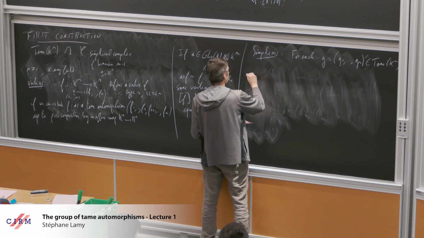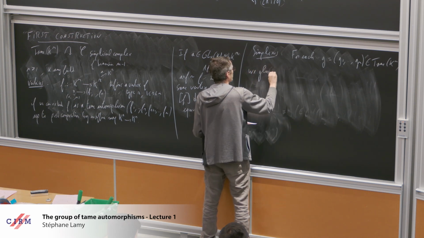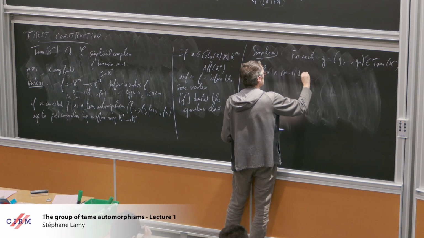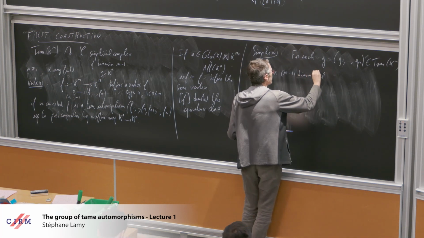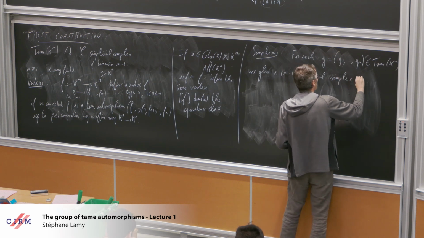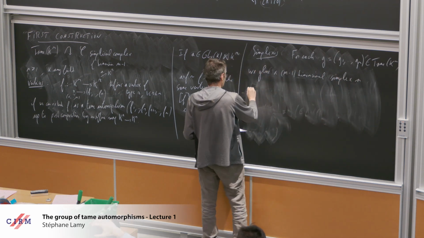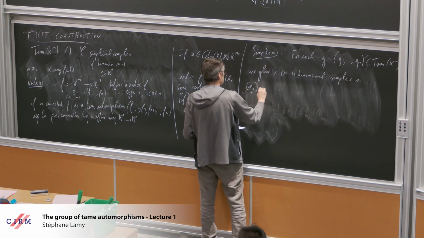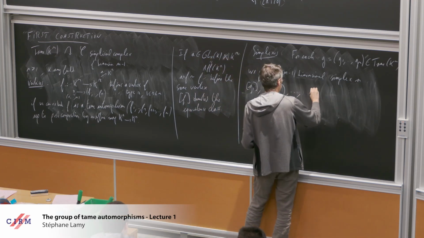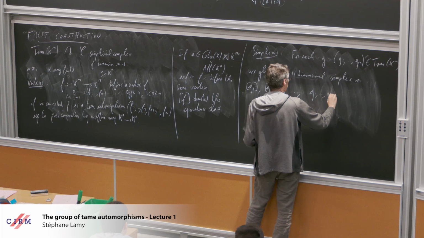So we glue an (n-1)-dimensional simplex on the class of G1, the class of (G1, G2), up to the class of (G1, ..., Gn).